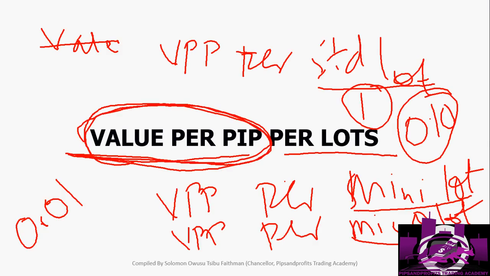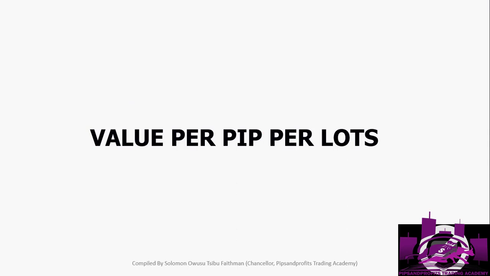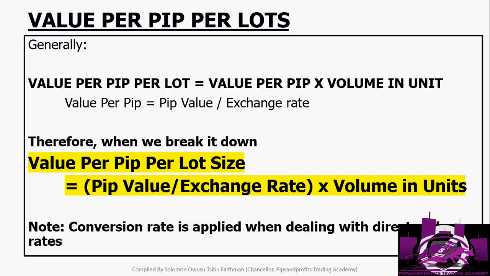Now let's go to value per pip per lot. What answer we had for value per pip? If we are now pairing it to the micro lot side, then we are going to just multiply it by 0.01. As simple as that. I've explained that, so I know that we are not going to spend much time going through that. So just pay attention. Let's look at it. Very simple.